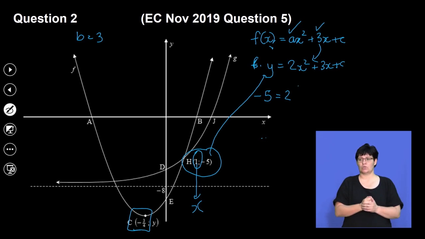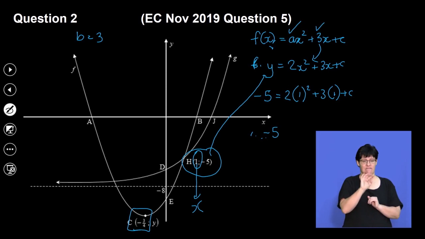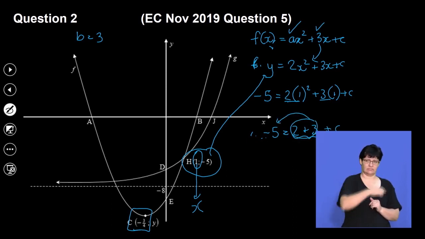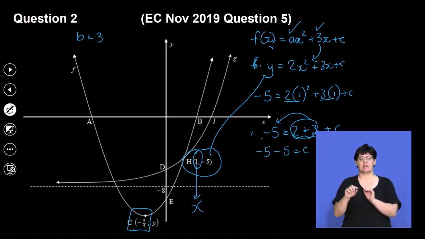So it's 2 times 1 squared plus 3 times 1 plus c. So therefore, minus 5 is equal to 2 plus 3 plus c. This gives me 5, which I'm going to take to the other side. So I'm going to have minus 5 minus 5 is equal to c. Therefore, c is equal to negative 10.